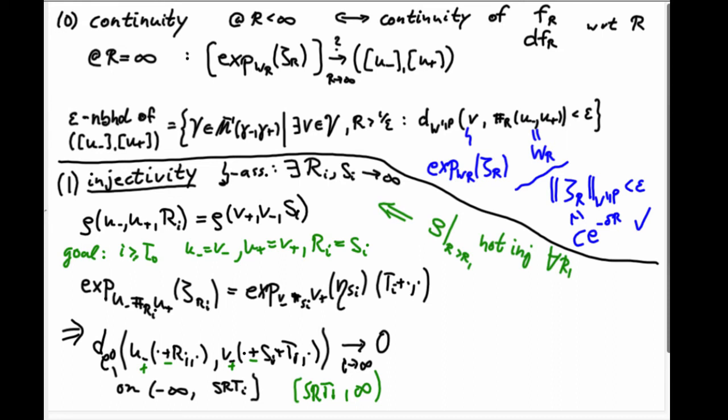And I would then like to argue that that at least means that, either for the minus pair or the plus pair, they actually have to be the same up to shift.